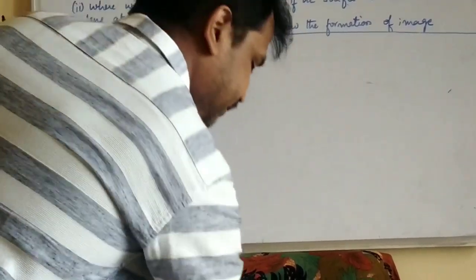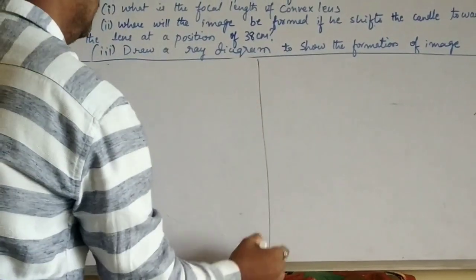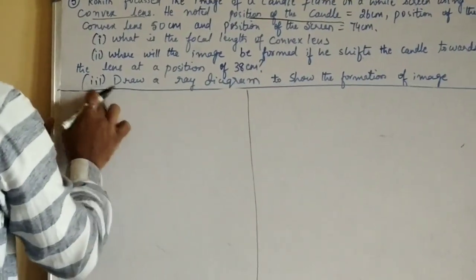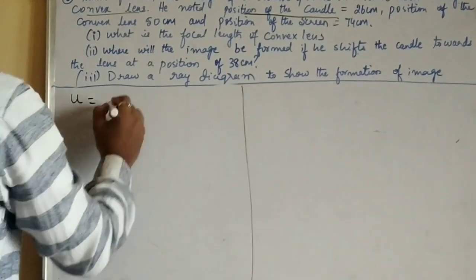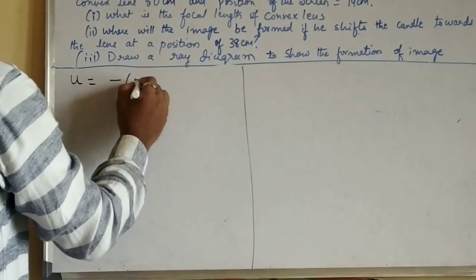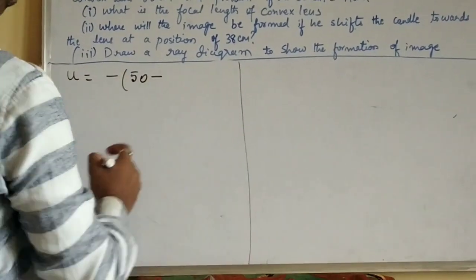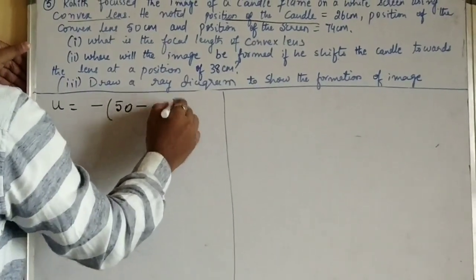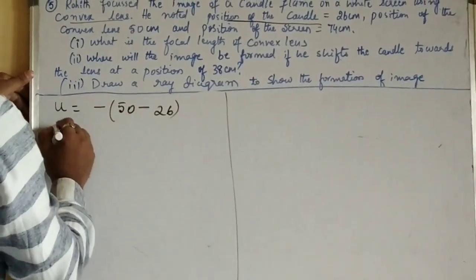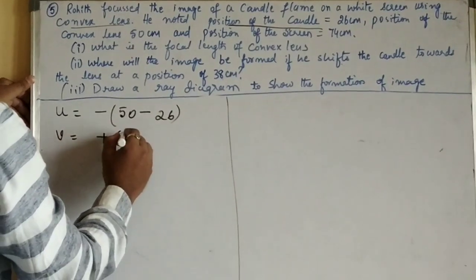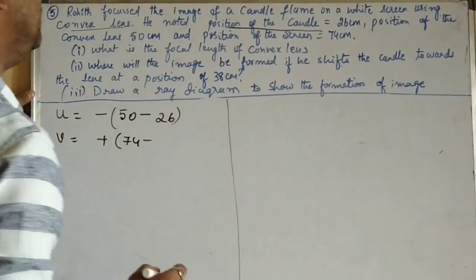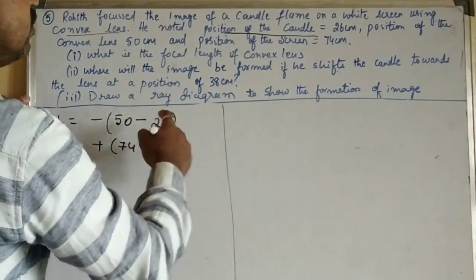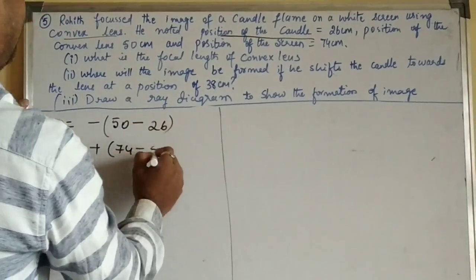What you have: the object distance, u, is equal to minus of 50 minus 26. Then image distance is plus 74 minus the position of 50.